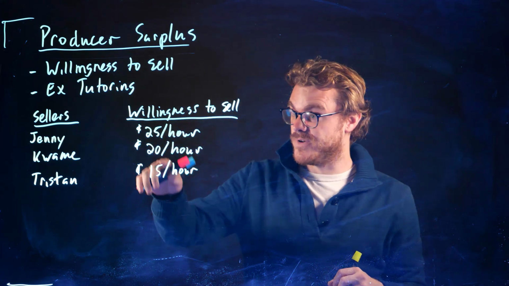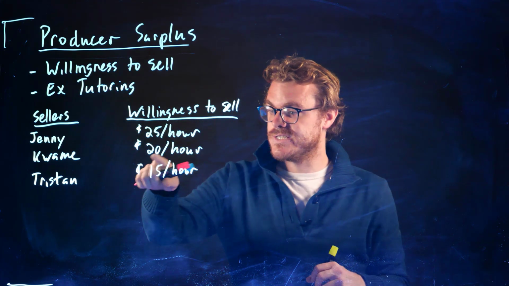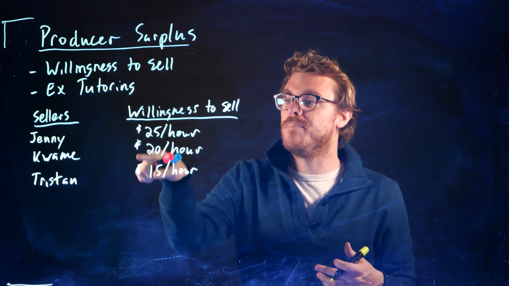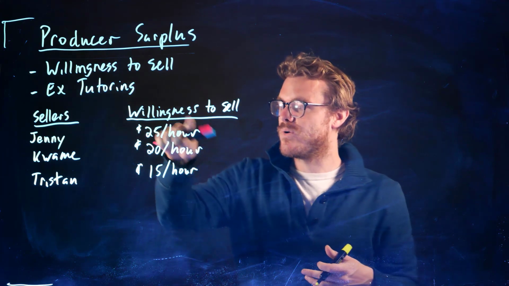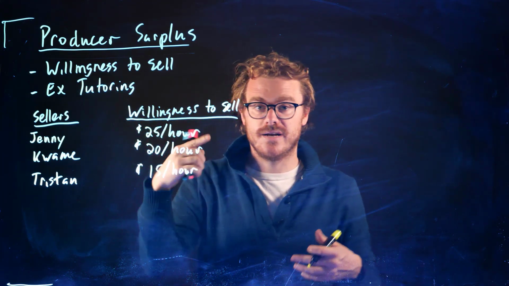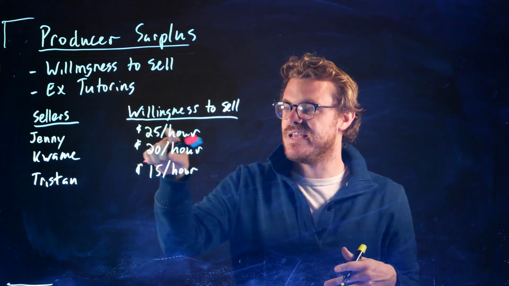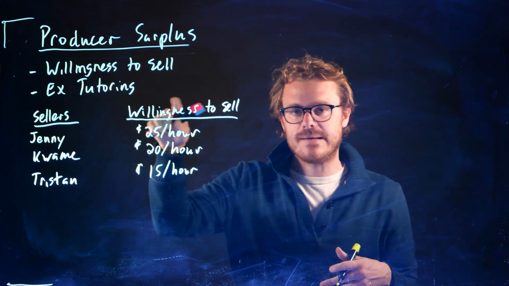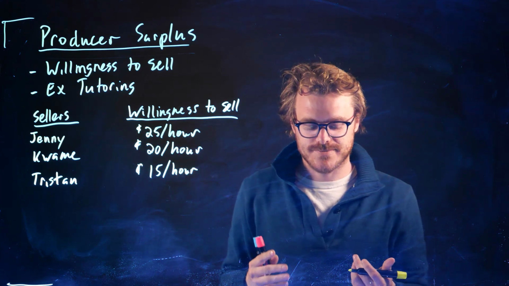So in terms of willingness to sell, that means Tristan's going to be willing to sell their product as long as they get a price above $15 an hour. And Kwame is willing to sell their tutoring services if they get at least $20 per hour to tutor. And then same thing for Jenny, but $25.